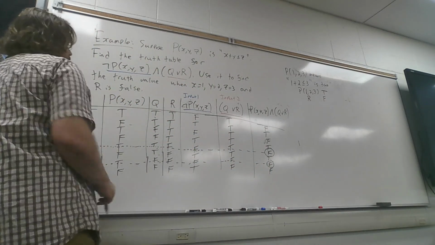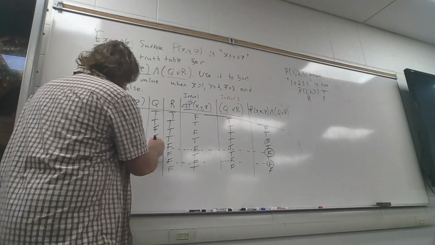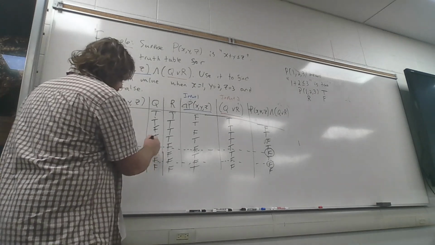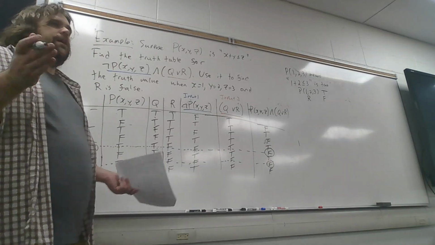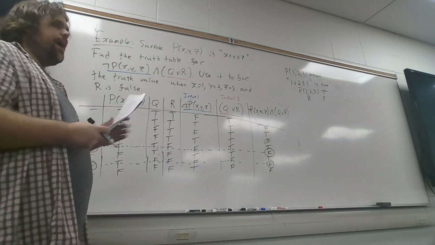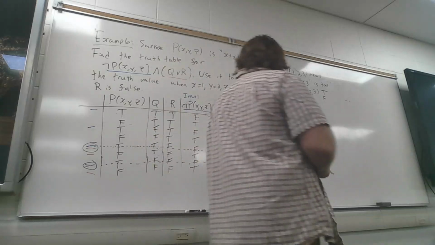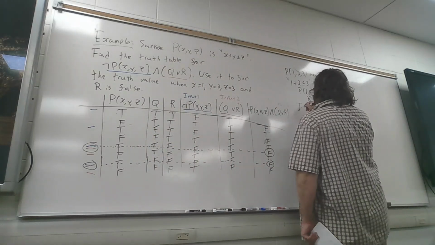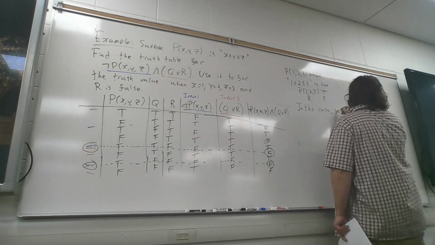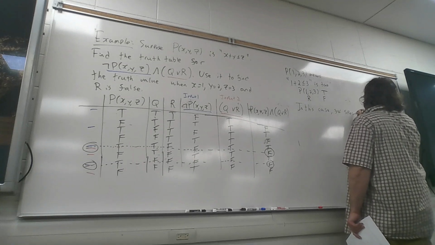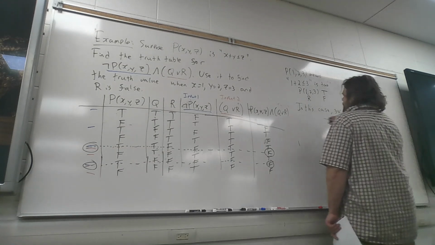We didn't specify what Q had to be in this question, but it doesn't matter, right? We can kind of see here where we cross through. Q is T here, Q is F there. So both are fine. It can be true or false. Either way, the whole statement is false, right? So in this case, for specified inputs, the statement is false.